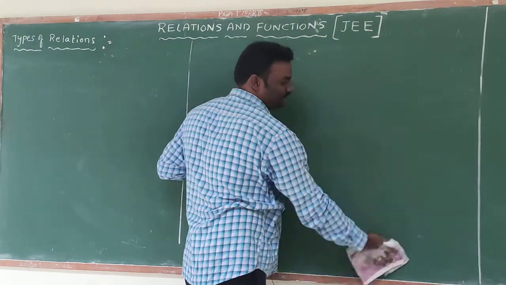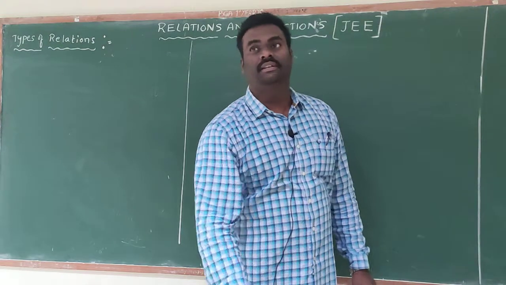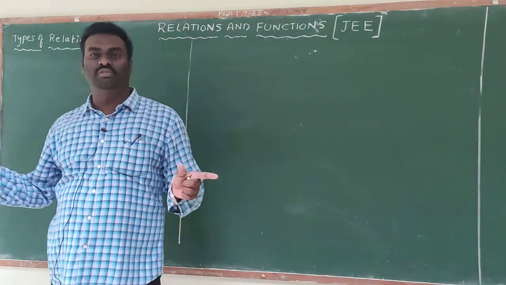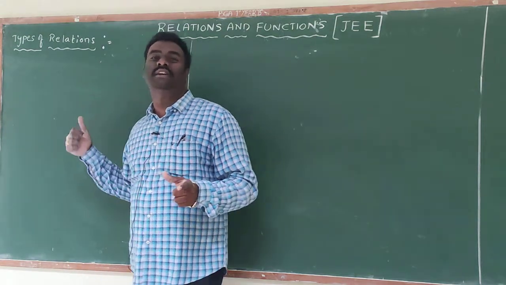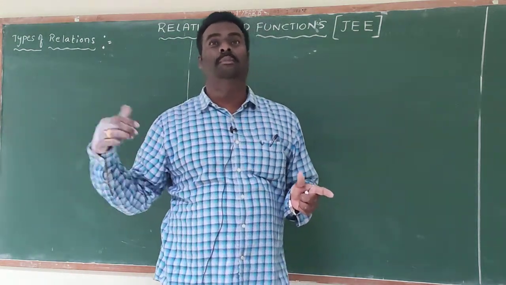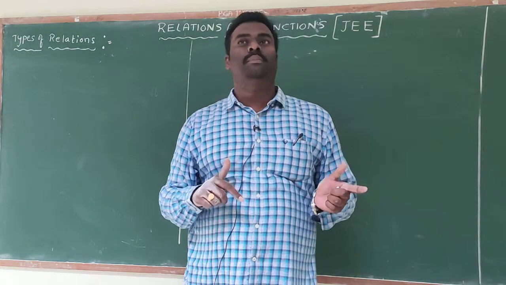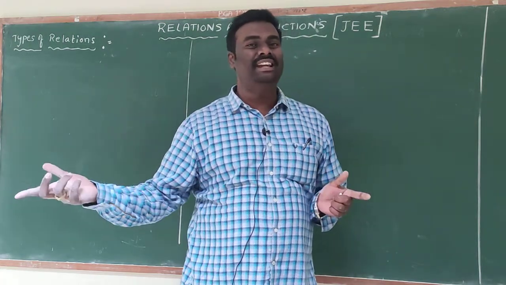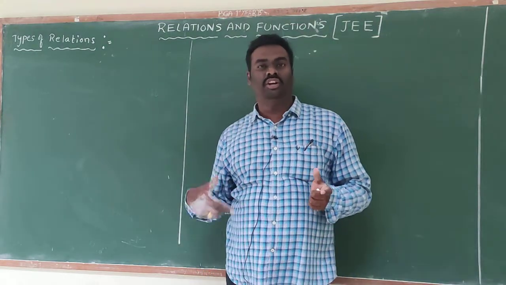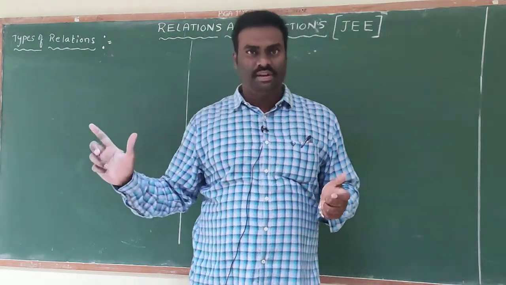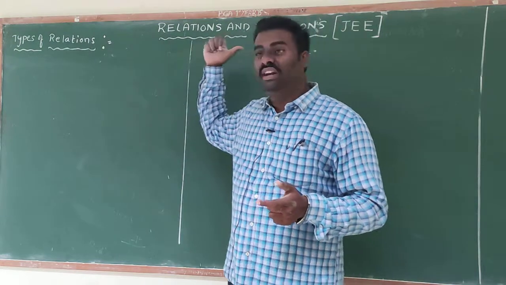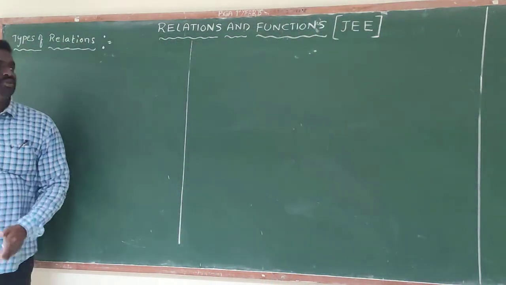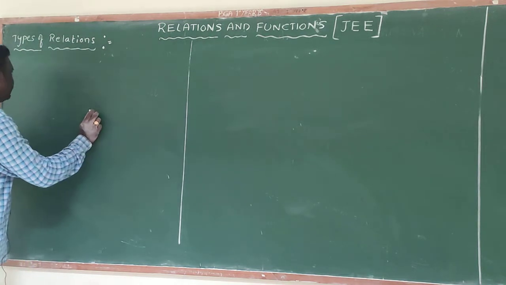PU notes is separate, objective notes is separate. So you maintain separate books for subjective as well as objective. Why? Because these concepts we already discussed on the board. But what is the problem? In objective you will get a number of extra topics, and we are also using shortcuts for finding the answer. That's why you need to maintain separate notes for JEE also. Don't write in PU notes.